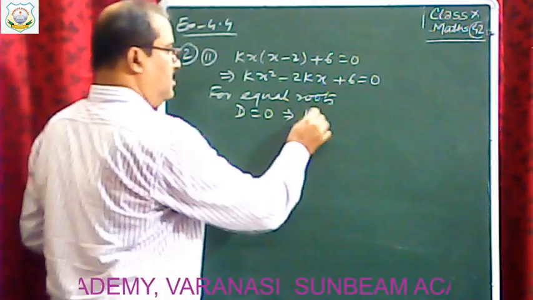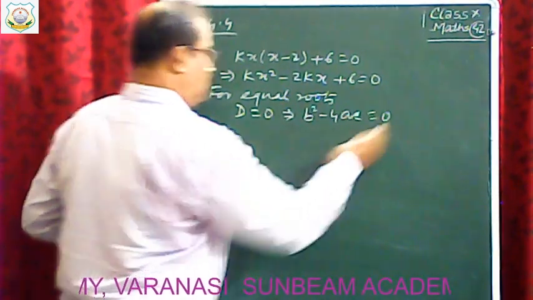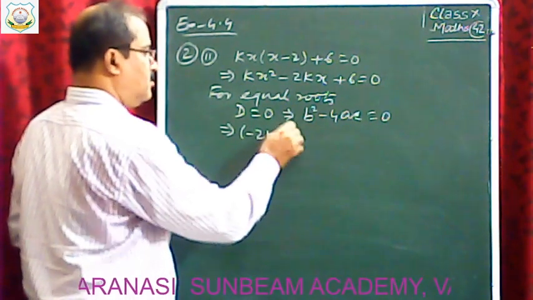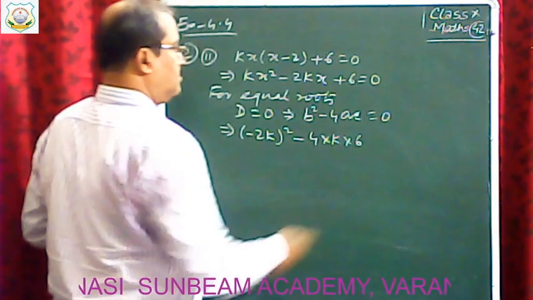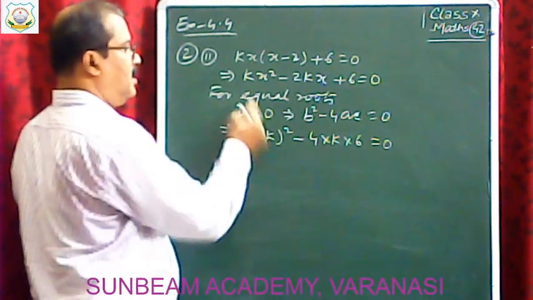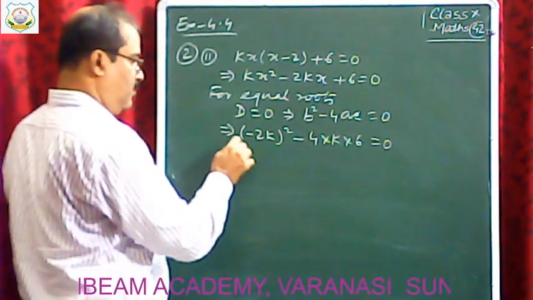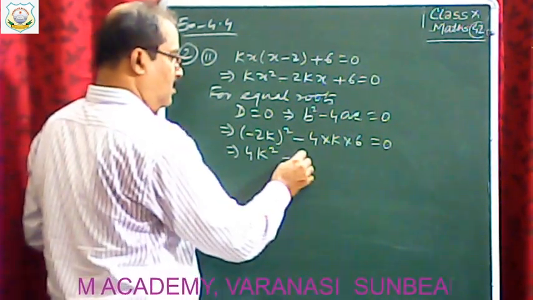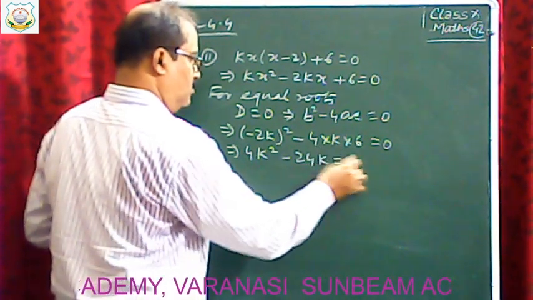So D means what? b square minus 4ac equal to 0. So b square means minus 2k whole square, minus 4 into k into 6 equal to 0. b is minus 2k whole square, minus 4 into a is k, c is 6. Simplify. 4k square minus 24k equal to 0.